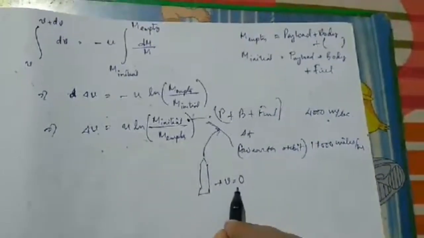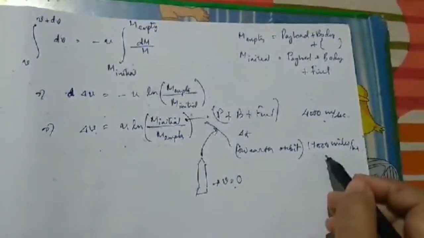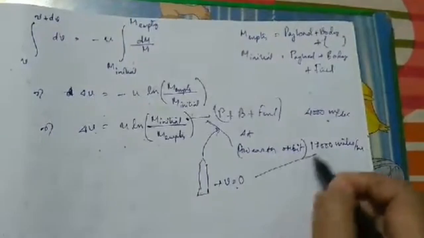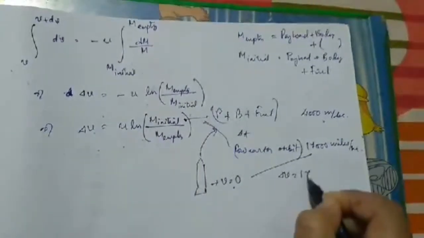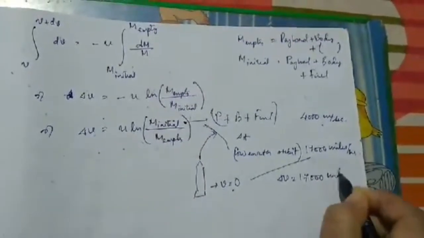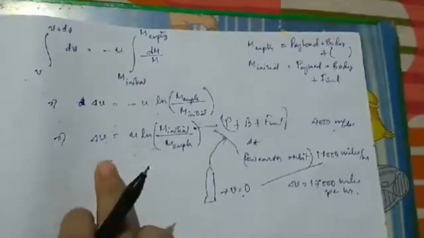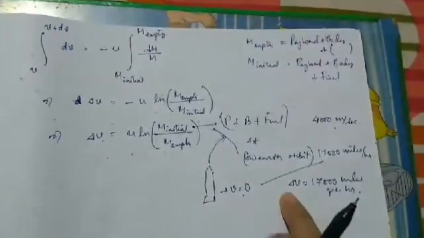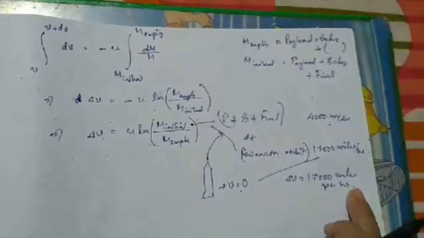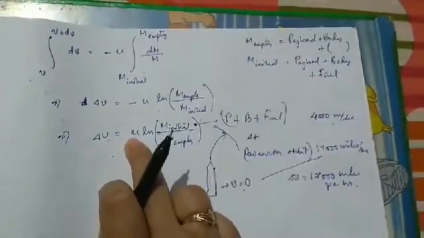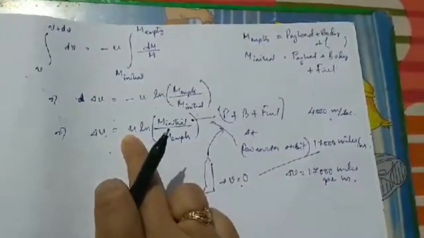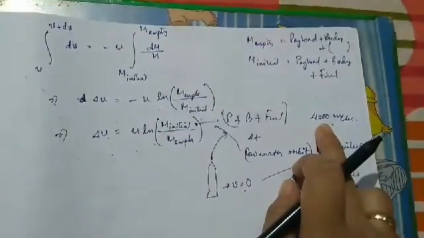So initial is 0 and final is 17,000 miles per hour. So what is the gap? Del v is equal to 17,000 miles per hour. Understood? So if you want to launch a rocket, this del v must be equal to 17,000 miles per hour, and usually u, the rate of ejection of the fuel, is kept at 4000 meters per second.